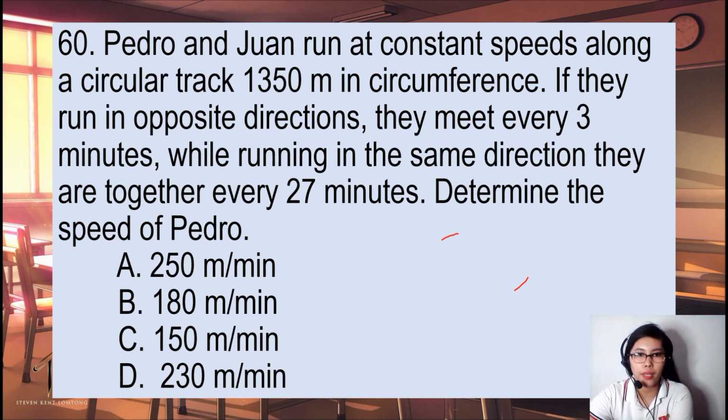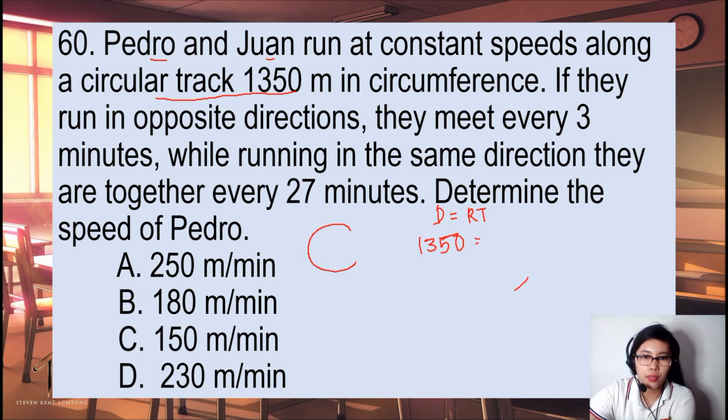Okay. So we have here a circular track of 1,350. D is equal to RT, right? So the distance traveled is 1,350. And if we combine the distance traveled by Pedro and Juan, that is RT of Pedro and RT of Juan. So let us imagine it first.